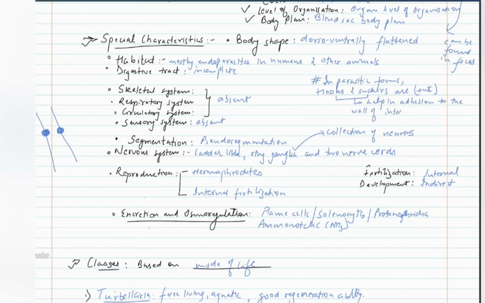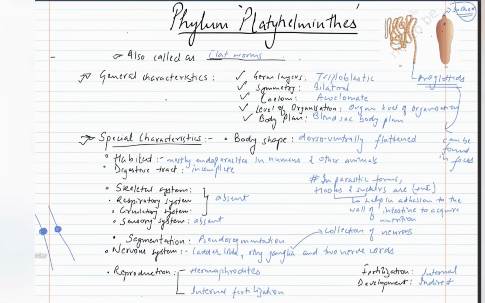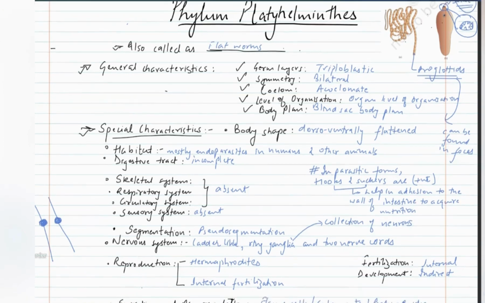Hooks and suckers help in adhesion to the wall of intestine to acquire nutrition. If we see the structure marked as sucker on a magnified view, it will appear something like this.